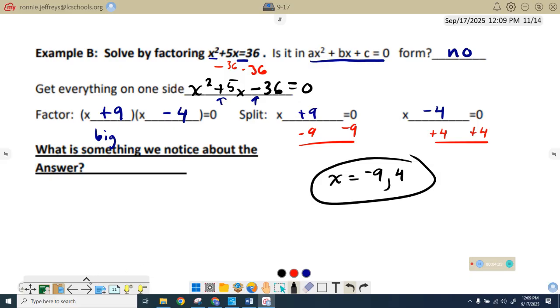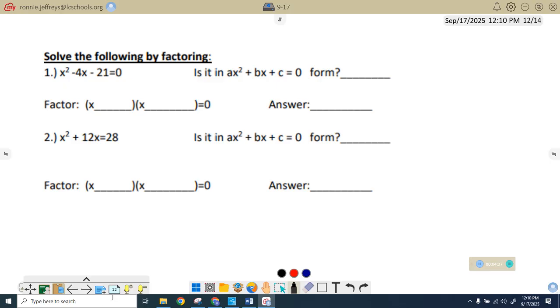So, like on number 1 right here, this is the only one of these I want to do. Is this problem in this form? Yes. This tells us our signs are different. This tells us our big number is negative.